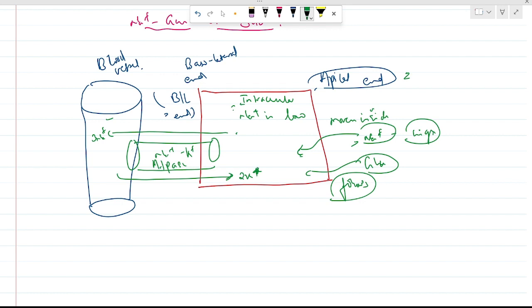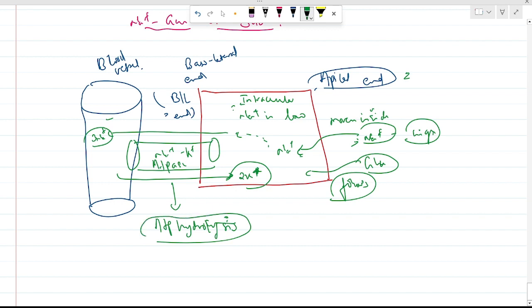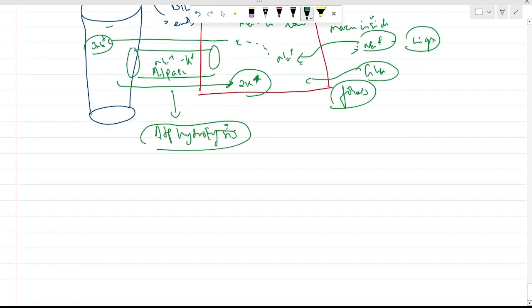For the sodium that comes inside the cell, it gets transported outside to the blood vessel in exchange for the 2 potassium that comes inside the cell with the help of sodium potassium ATPase. Now we know sodium potassium ATPase causes ATP hydrolysis.